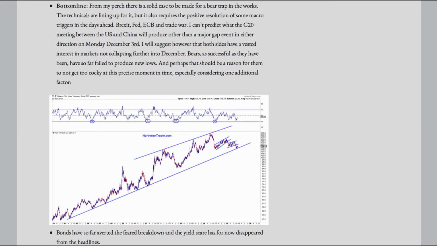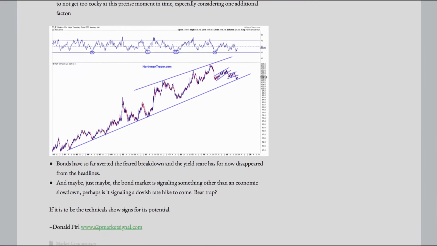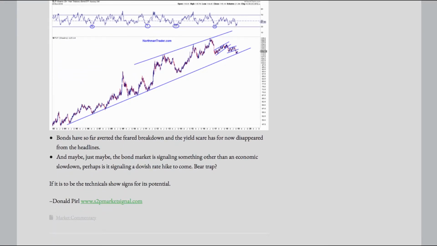Bears, as successful as they have been, have so far failed to produce new lows, and perhaps that should be a reason for them to not get too cocky at this precise moment in time, especially considering one additional factor. Bonds have so far averted the feared breakdown, and the yield scare has for now disappeared from the headlines.